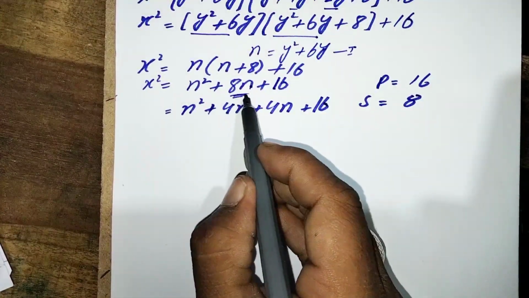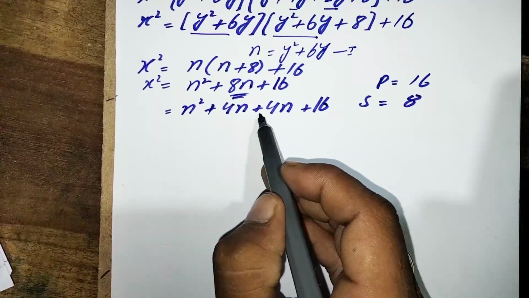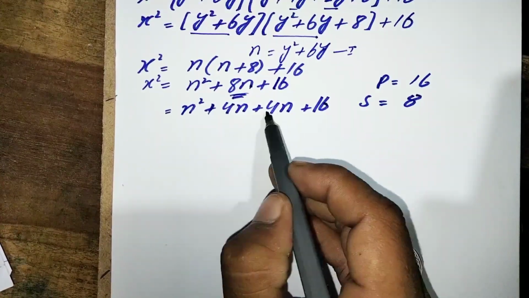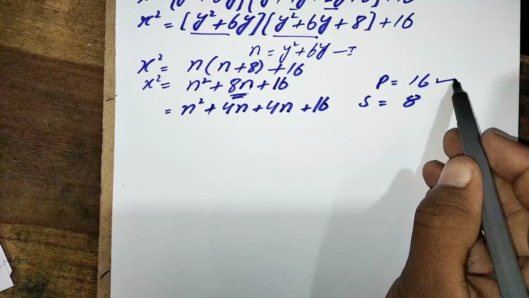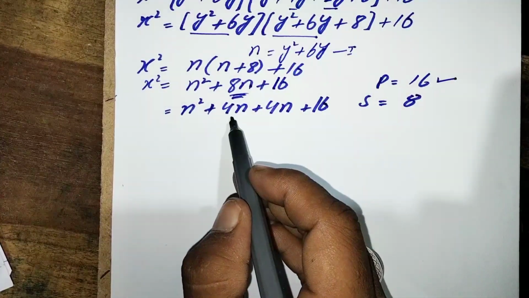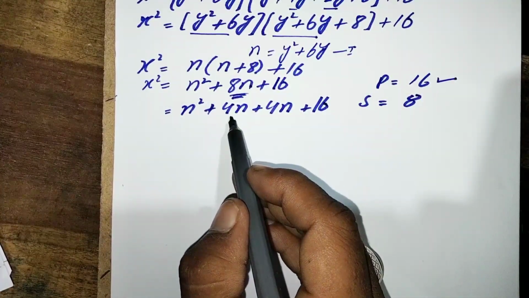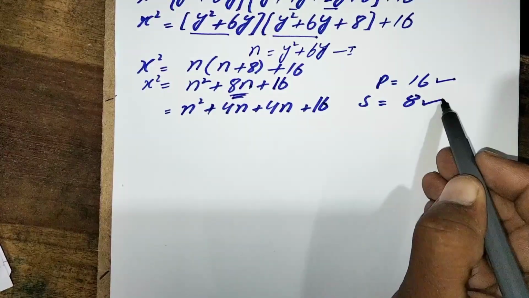So we substitute this factor 4n plus 4n. When we multiply both of these, it becomes 16, and when we add them to each other, it becomes 8.